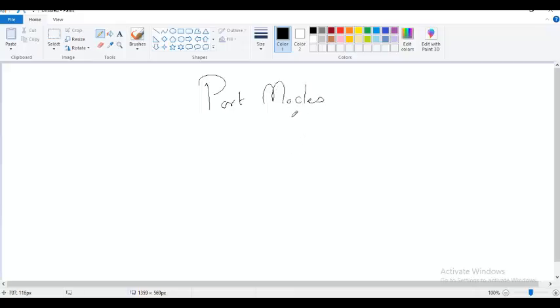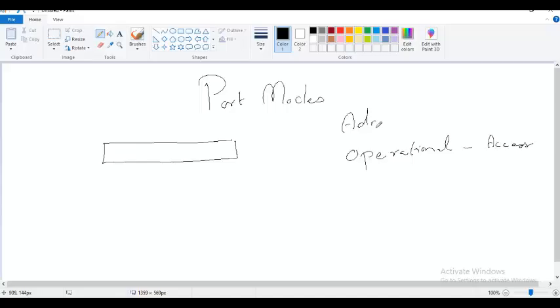Port modes. You see, by default, all the ports will be operationally access, and administratively auto.